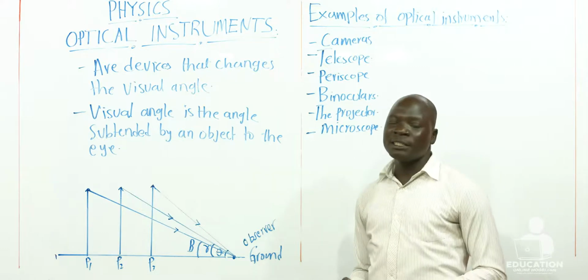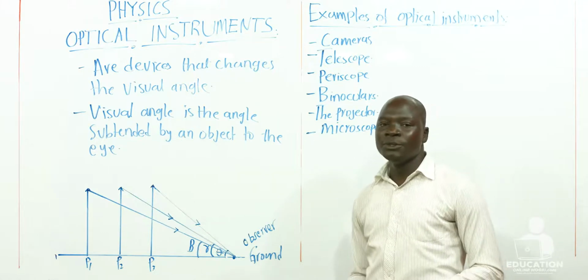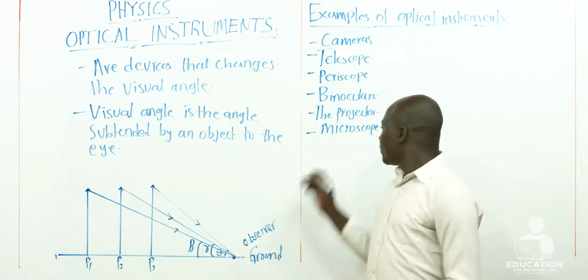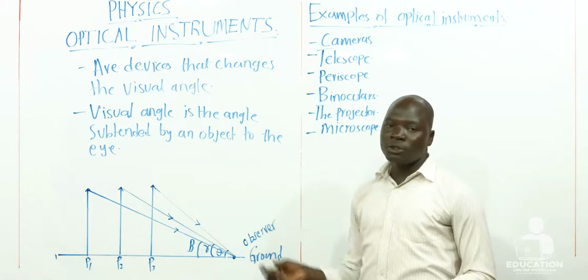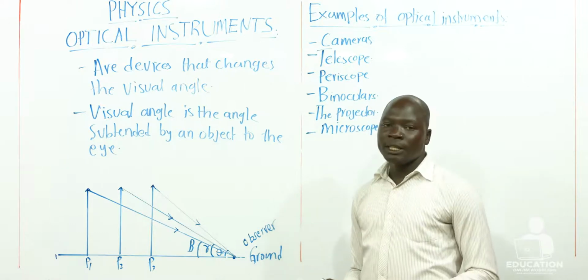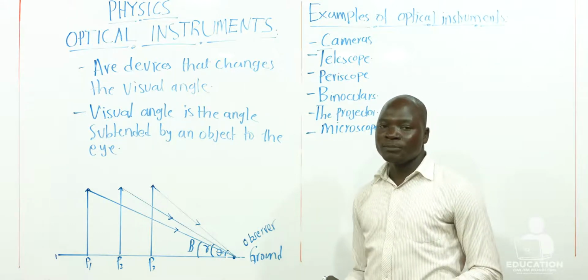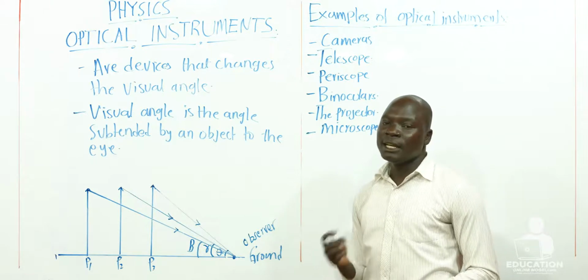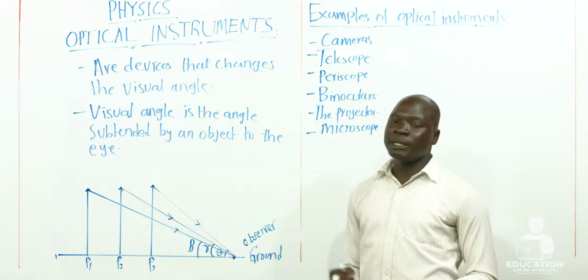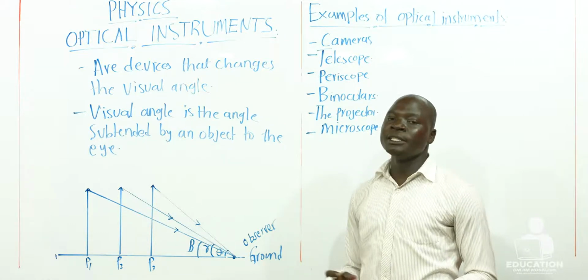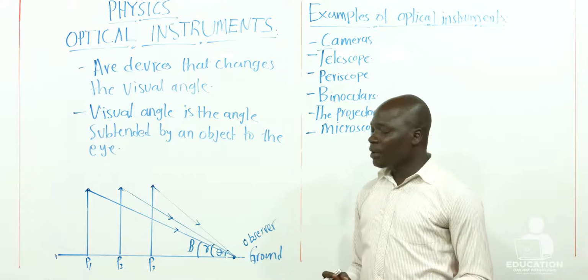There are objects that are very small that we cannot view using our normal eyes, so we use the microscope. The microscope will magnify the object, meaning it will make the object bigger than what it is. When it makes it bigger, it has changed the angle which is subtended by that object to our eye, which means it has increased the visual angle.